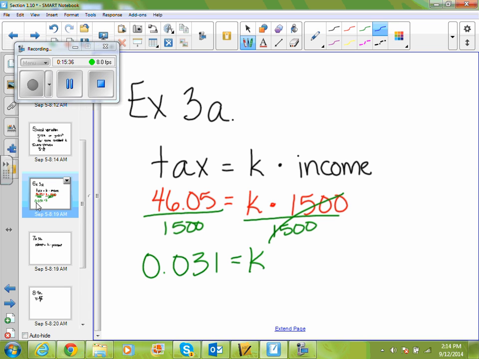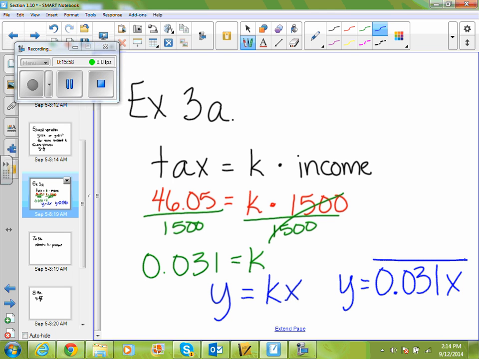Then we put that into our direct variation formula, y equals kx, so my income tax formula is y equals 0.031x. That would be my income tax formula if I lived in Pennsylvania.